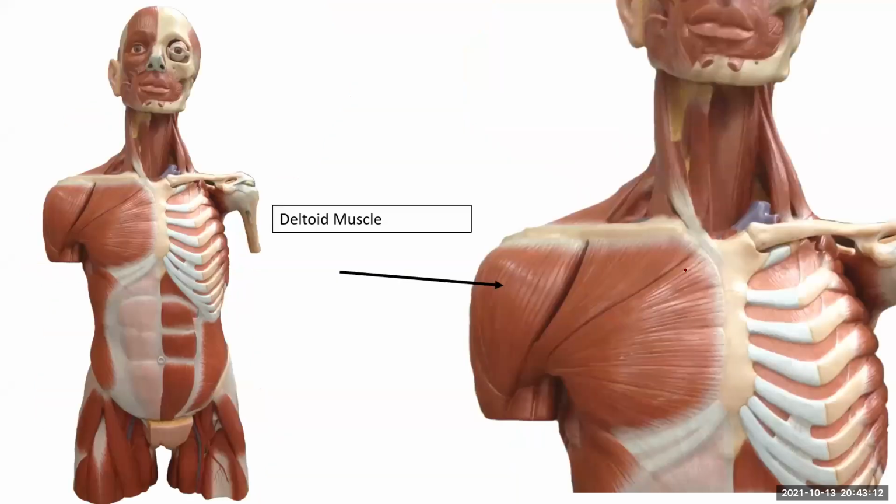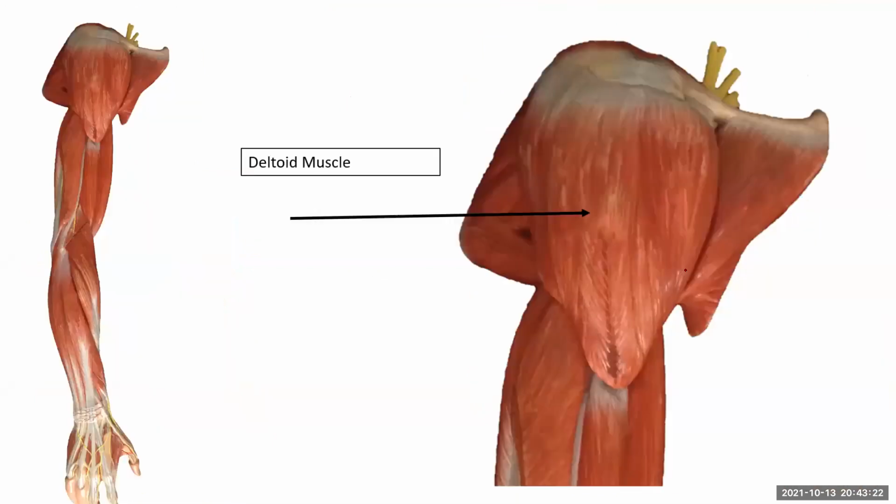Then we're going to switch to the front. This is the anterior view, so you can see all those anterior muscle fibers. And then I'll show you the lateral view. And if you look, the deltoid muscle looks like a triangle. Delta, deltoid, the deltoid muscle.